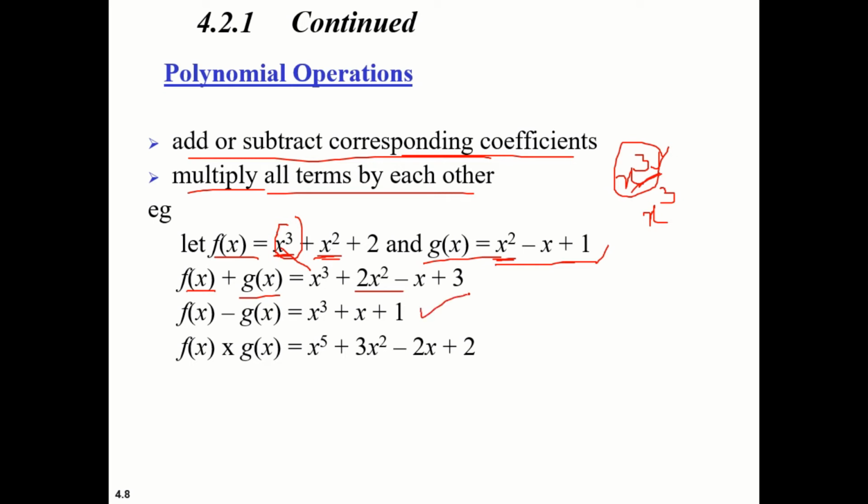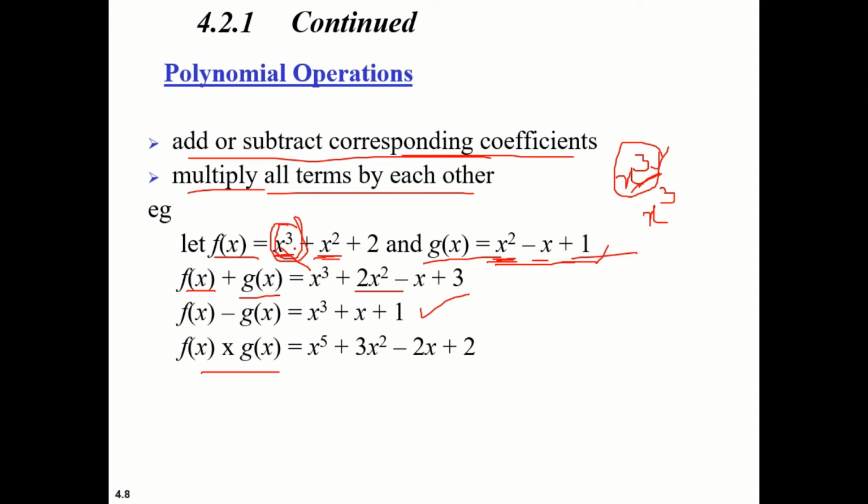Okay, this is subtraction. Now when we multiply it, what we get, you multiply each and every term with each term of the other polynomial. Okay, so here this x^3 will get multiplied to each and every term of g(x).